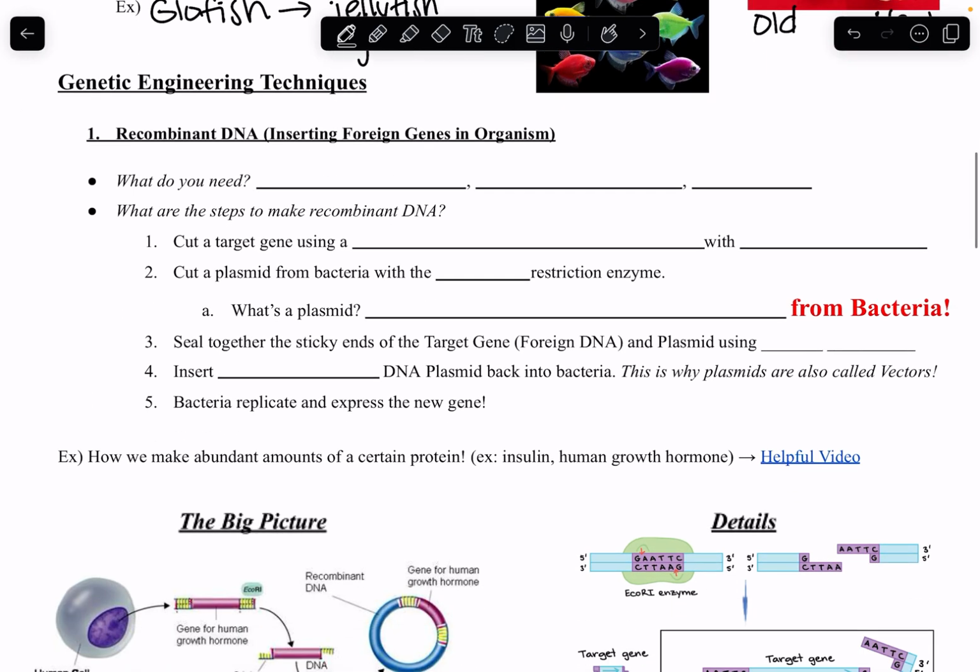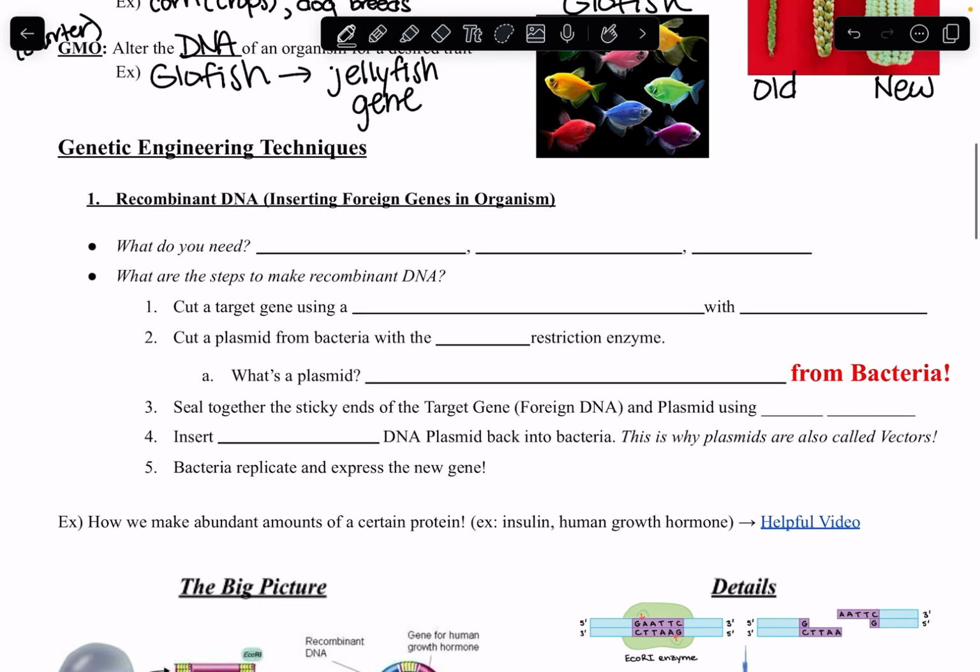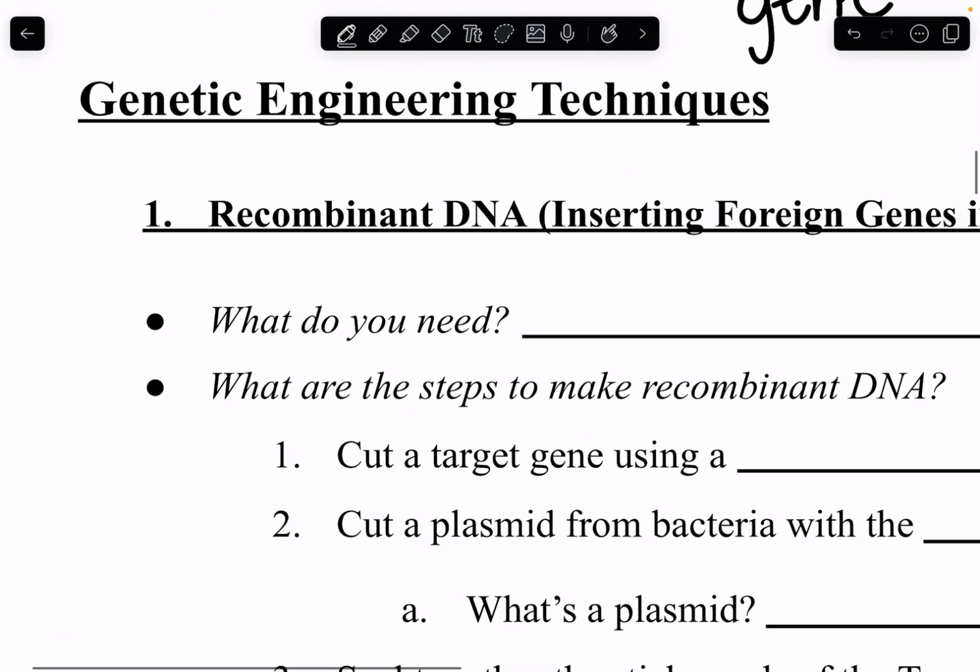So, genetic engineering techniques, one of them is called recombinant DNA. This means you are inserting foreign genes into an organism. You need a couple things in order to make recombinant DNA.